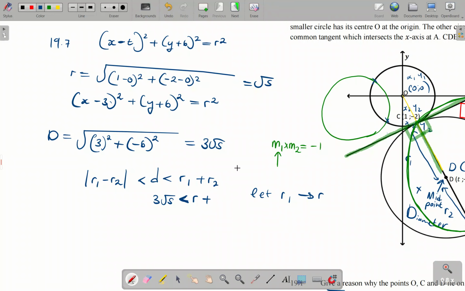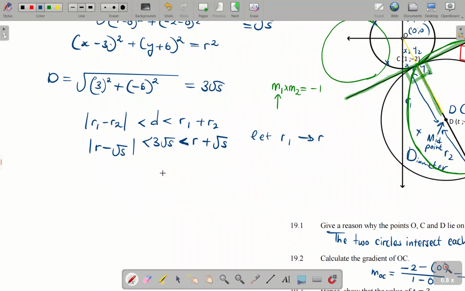So it's just going to be plus the square root of 5, which is less than the absolute value of the bigger circle R, which I said is the same as R1, and then minus the square root of 5.